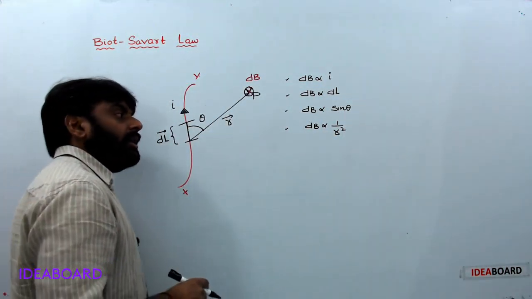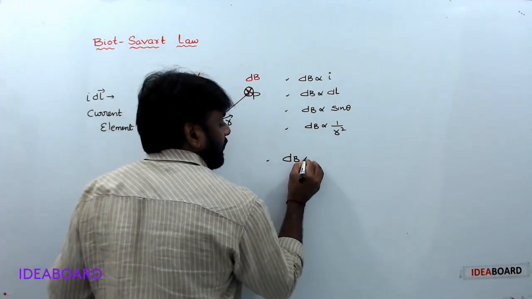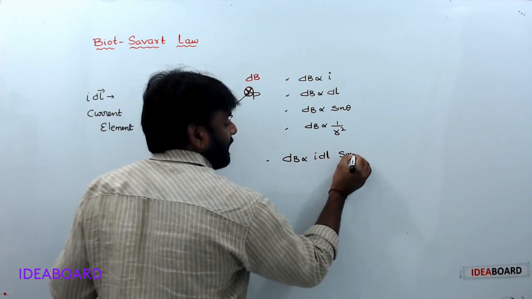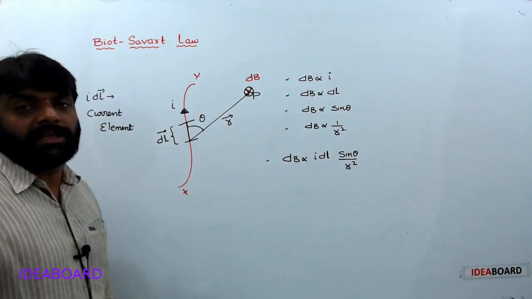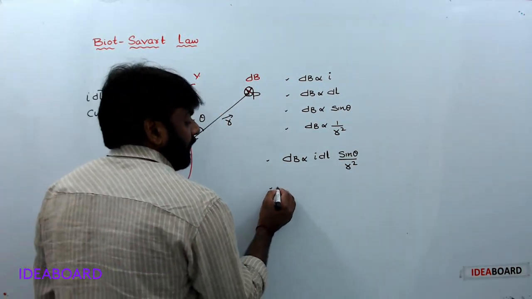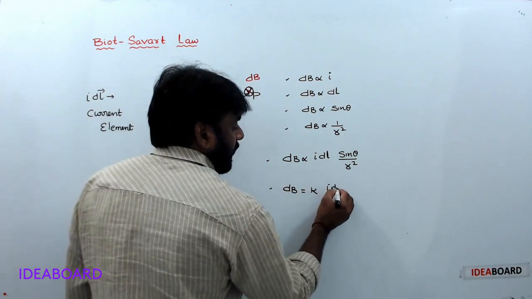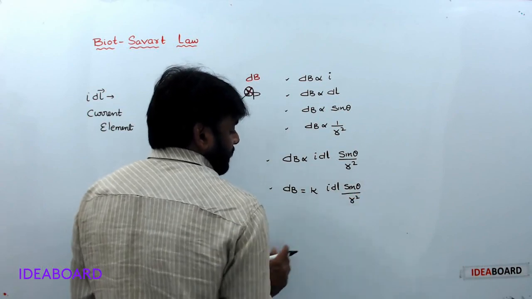So dB is directly proportional to I dl sine theta by r square. Now dB is equal to k into I dl sine theta by r square.